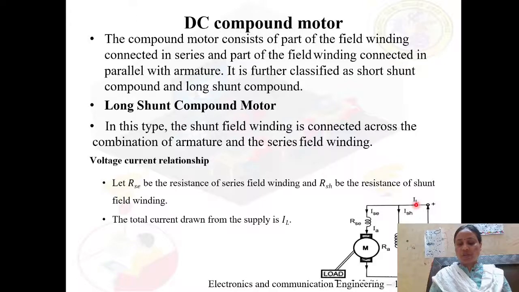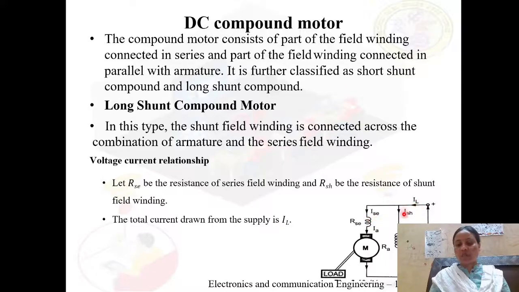In order to write the expression for the current, we can observe that this current IL at this particular node point will be divided between the field having resistance RSH and the series branch as ISE.